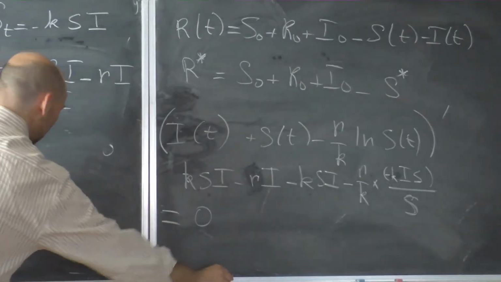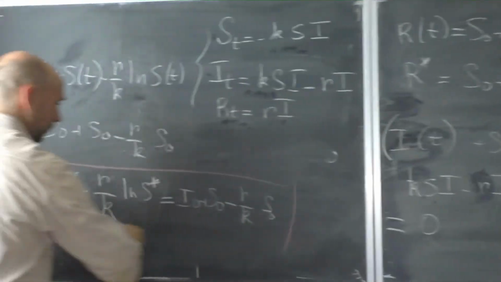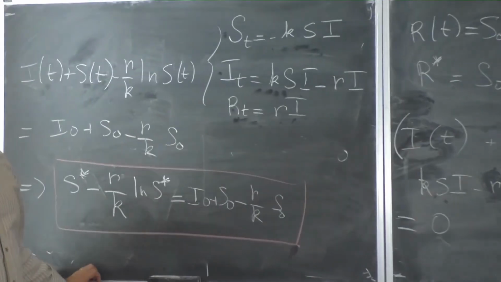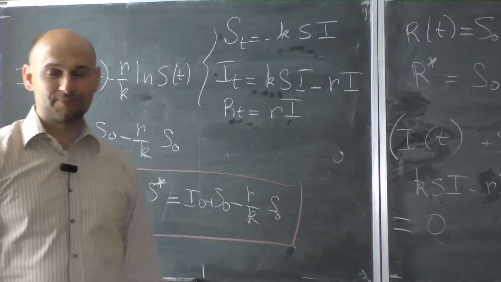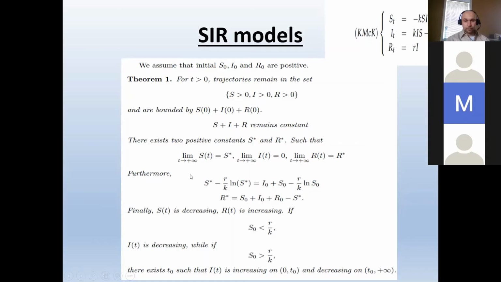And okay, I proved the theorem. That's it. And okay, this is an example, right? This is an example of my I of t for a given model. So I'm going now to show you how to obtain this curve.